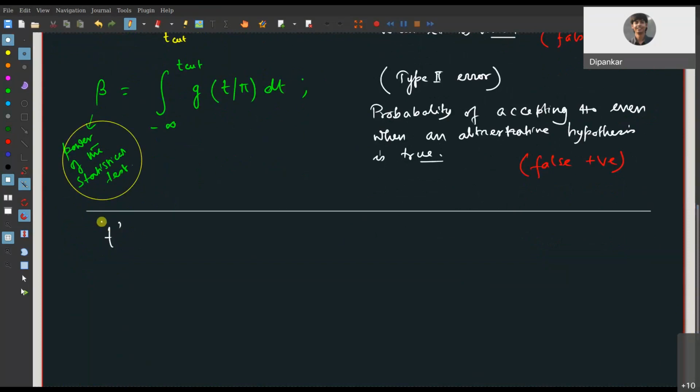So this T, I will call it the test statistic. No S, remember. So it's called a test statistic. So it's a construction. It can be an artificial construction.